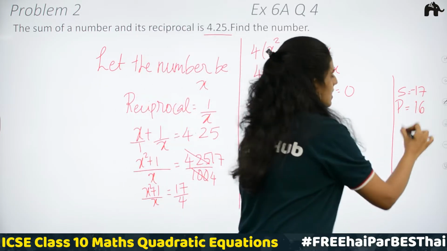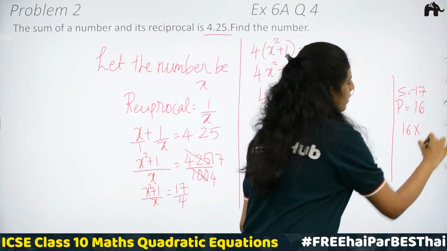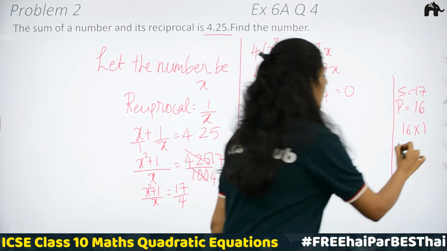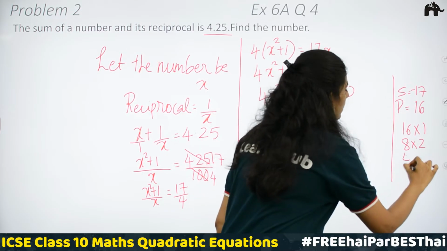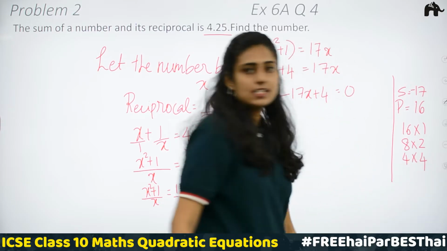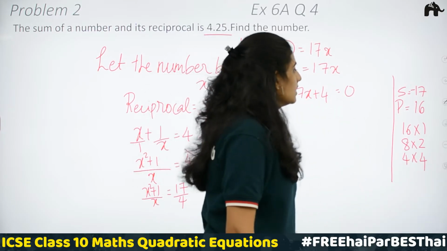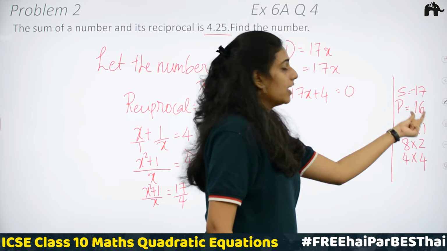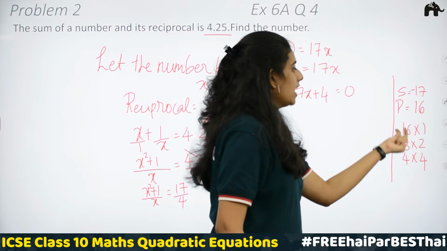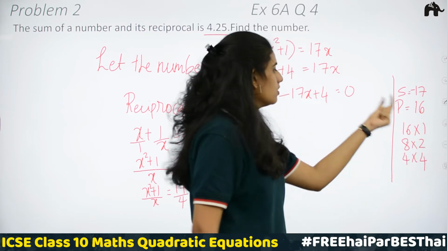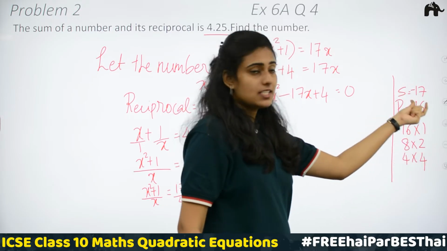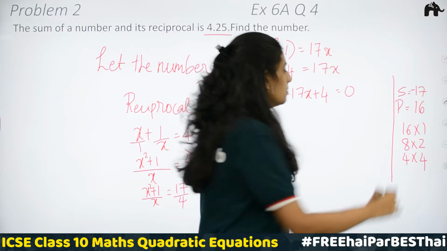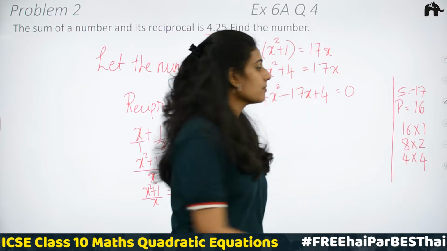To get 16, 16 into 1 is 16, 8 into 2 is 16, then 4 into 4 is 16. Now check the product. Product is positive, which means either both the numbers should be positive or both should be negative. Now check the sum. Sum is negative. To get sum negative, both the numbers should be negative, right?